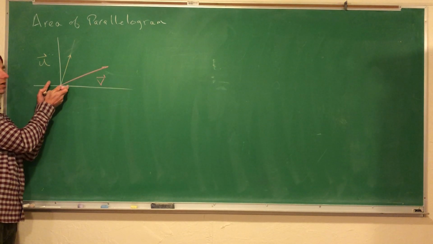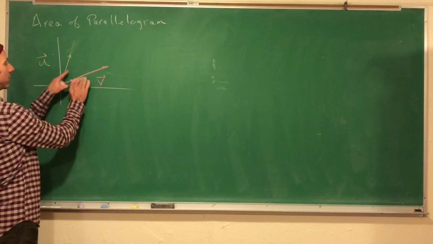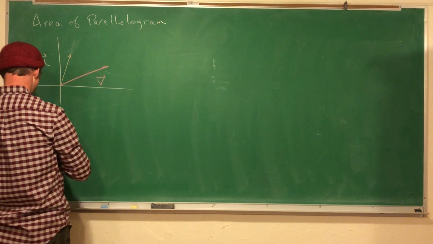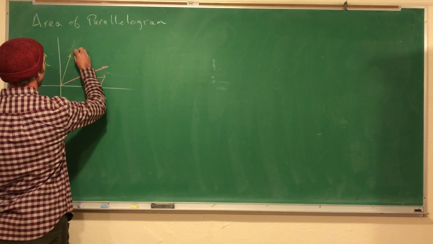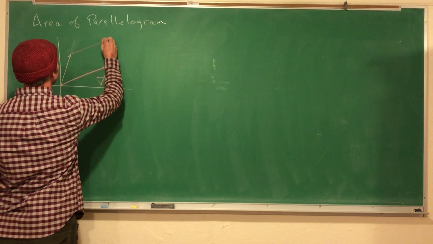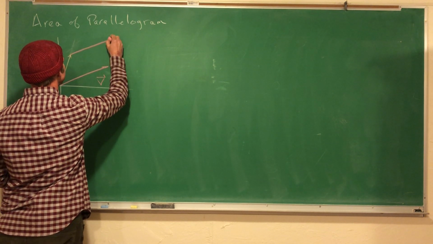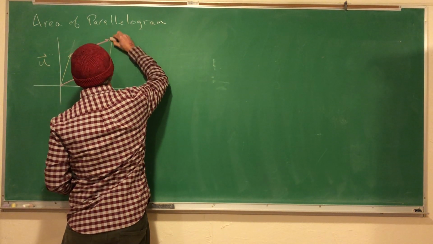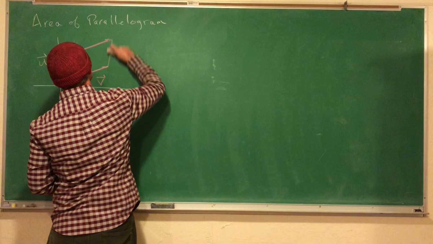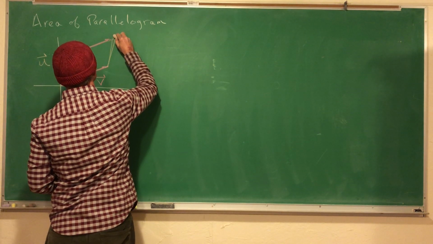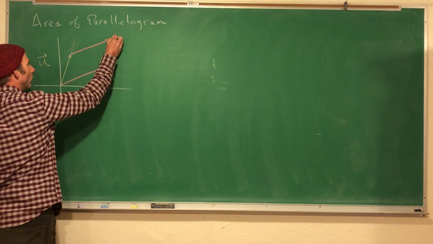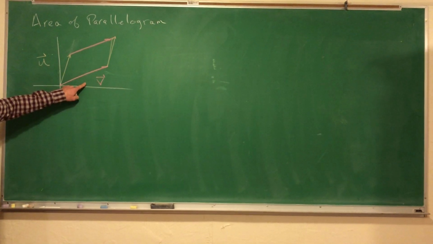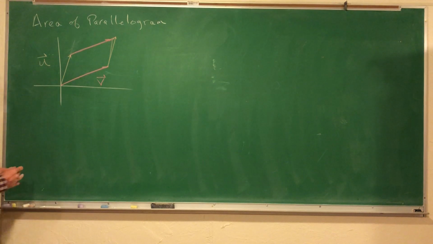These vectors, I can make them into a parallelogram. So what I'm going to do is this guy here. Let's see, something like that, right? Okay, so U, V, again, U and V, here's my parallelogram.